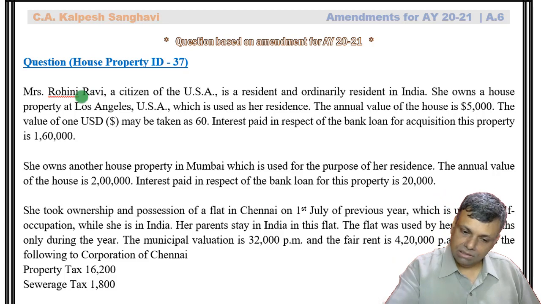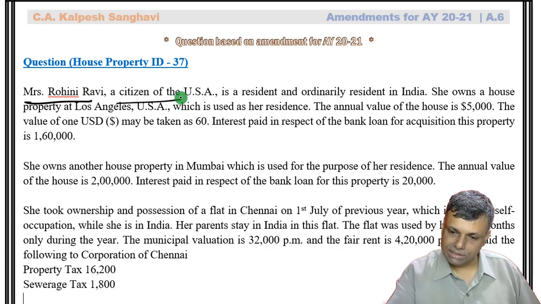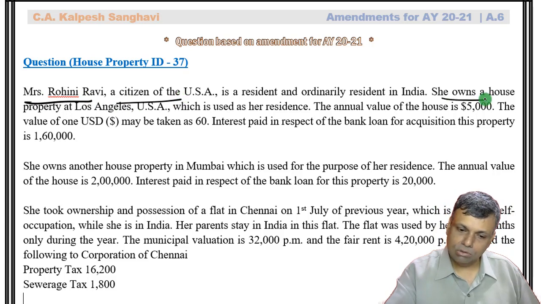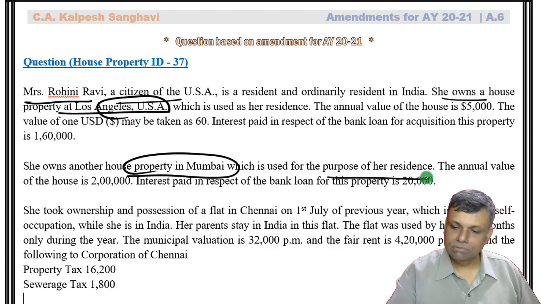Now, this Mrs. Rohini is basically a citizen of USA. In this particular question, she owns a house property in USA, Los Angeles. So she has got one house in USA. Then she has got another house in Mumbai. This is for her residence.